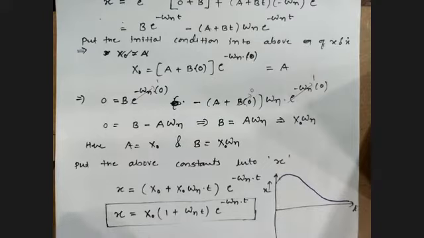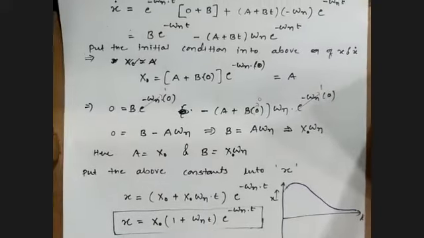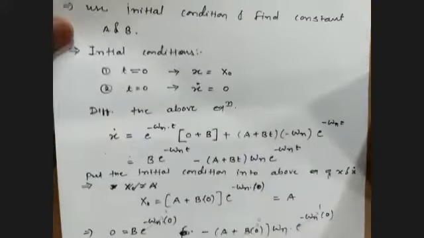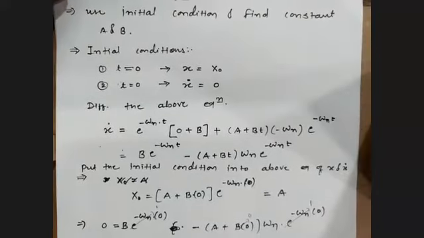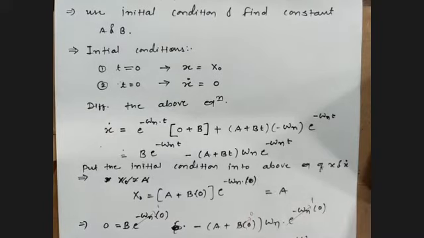So this is the response in case of the critically damped system, right? So this is called the critically damped system, clear? And this is the equation of the critically damped system. So first kindly note this down in your notebook and then we'll proceed further, okay? So note this down quickly and then we'll go to the next step.